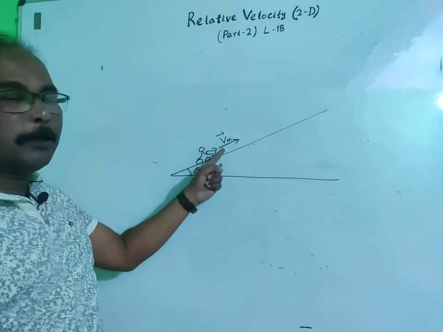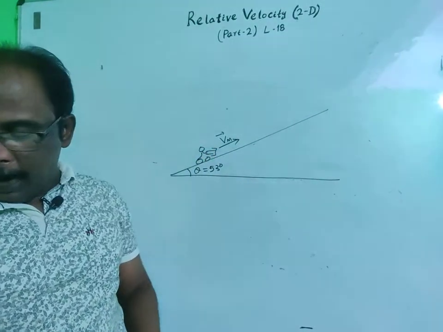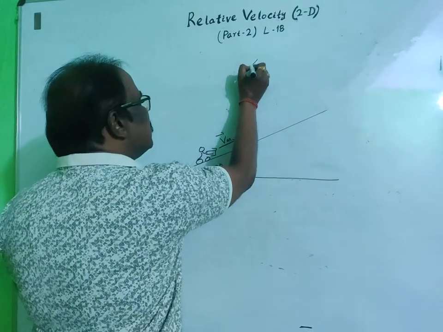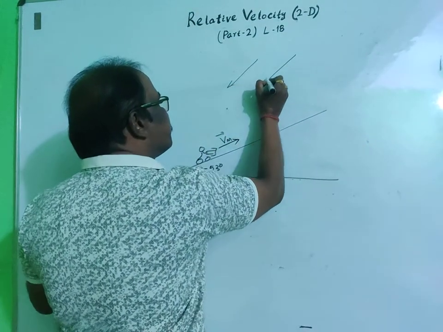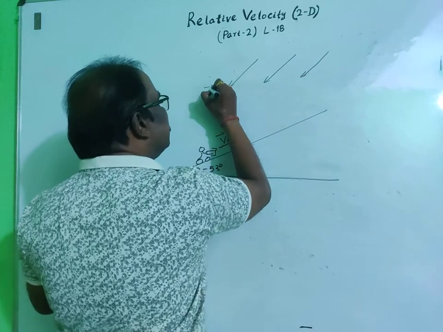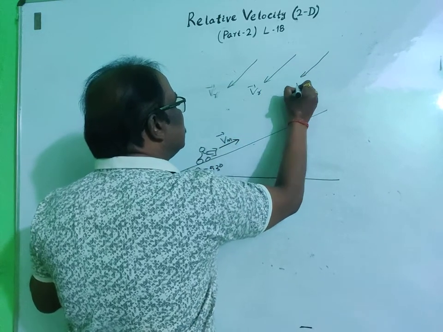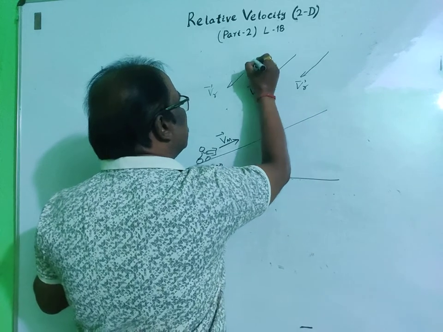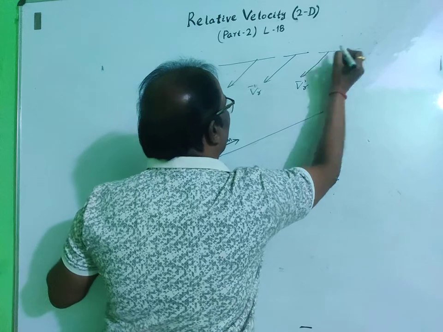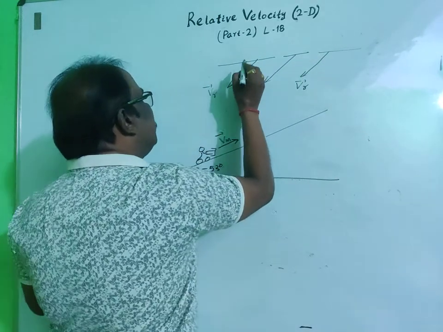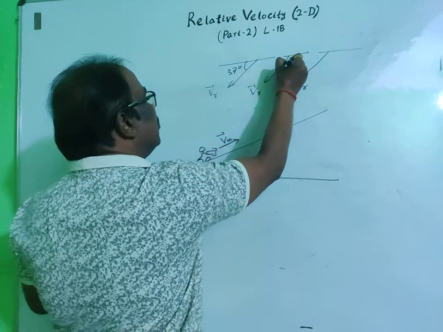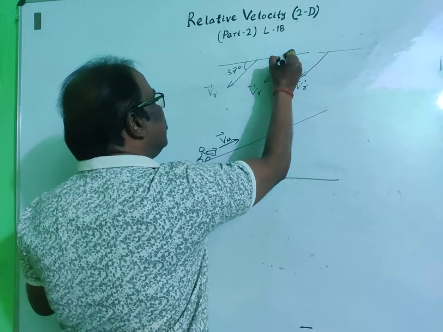Angle of inclination is 53 degree, and rain falls in this direction. This is velocity of rain, so making an angle with horizontal, let's take this angle 37 degree.